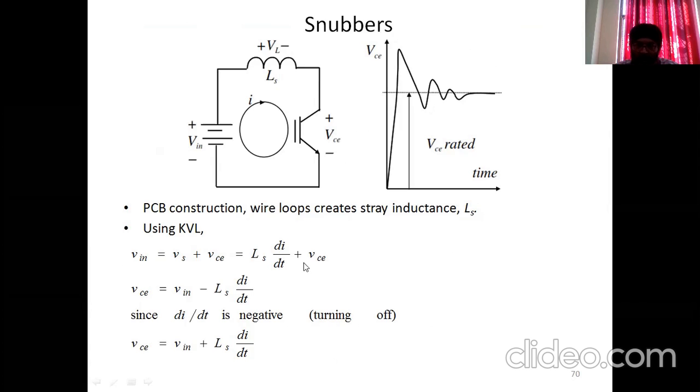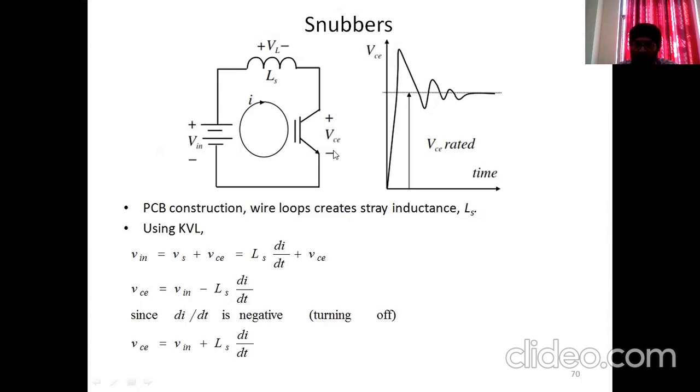Using KVL, we get this value of VCE, which is Vin plus the voltage drop here. So during turn off, the complete voltage, this plus this, is applied across here.